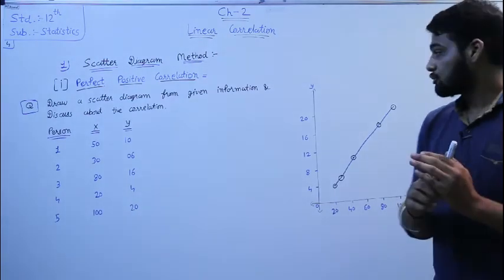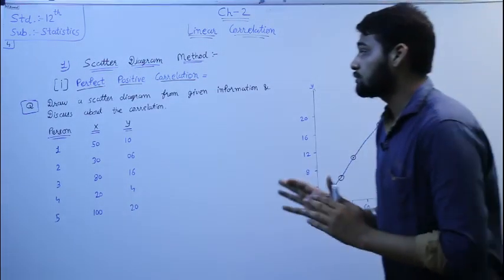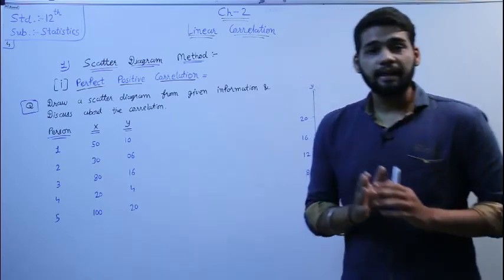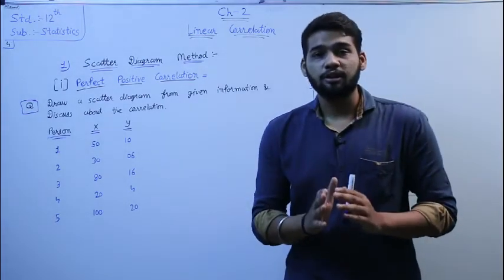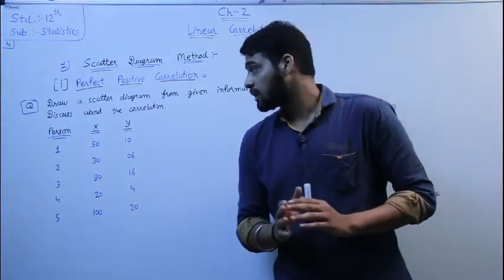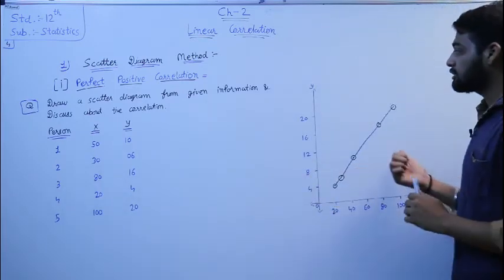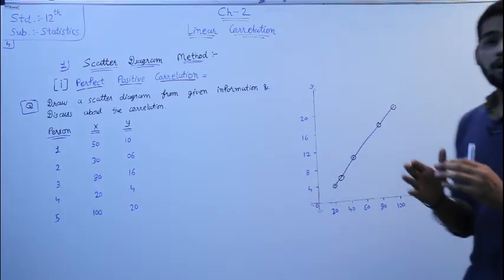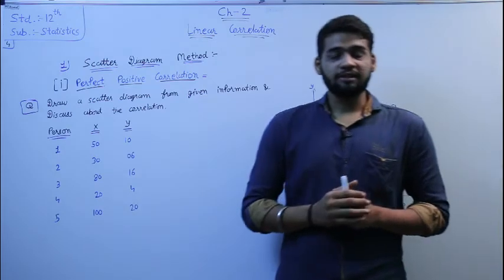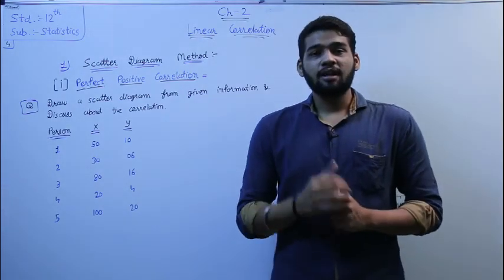I hope you all understood the first type of scatter diagram method, perfect positive correlation. Please note down this sum in your notebook and draw this graph on graph paper. Thank you.